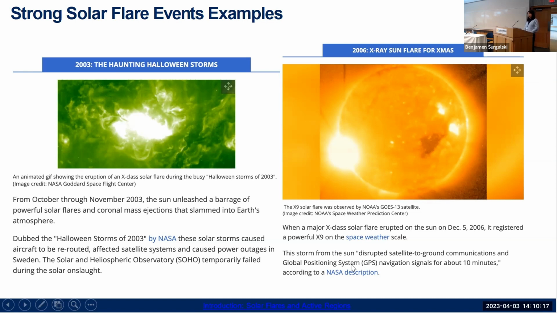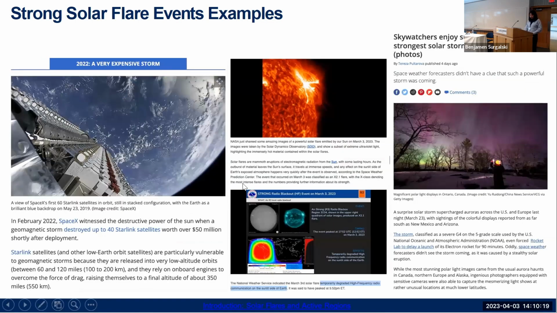And then more close to us, there was a very expensive solar storm that happened in 2022. That was really last year in February around this time. SpaceX witnessed the direct disruptive power of the sun when the geomagnetic storm destroyed up to 40 Starlink satellites, which resulted in a loss of $1 million.